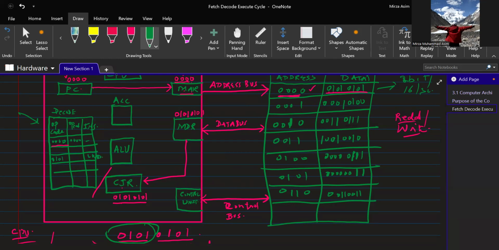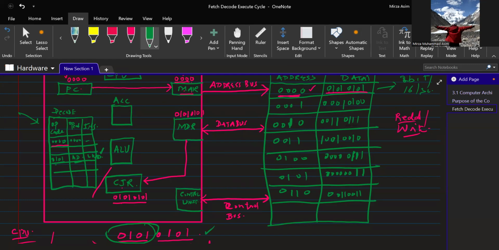Load what? This is the address. In the instruction, which is load, in the operand I have written this address, and this is the opcode 0101. So this is the decoding part we have done.